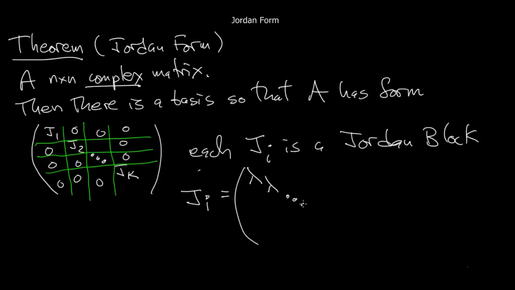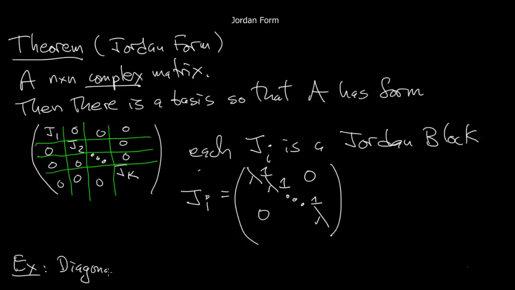It's a matrix of this form with all ones on the superdiagonal and some lambdas on the diagonal. And any matrix can be put into this form. An important example is the diagonalizable case. The diagonalizable case is exactly the one where all of the Jordan blocks are of size 1. So there are no ones on the superdiagonal.